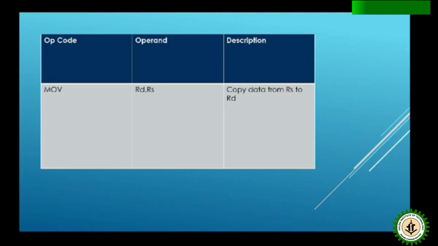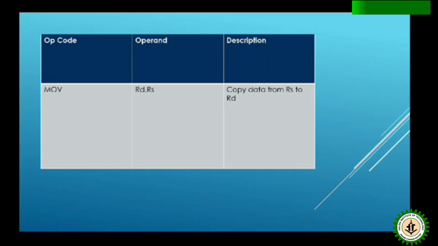That is, consider register B contains a data 07H. Why is it H? H means hex. Register B contains 07H. I want to copy that data into register C. So what will I write? MOV C, B. Here B is the source register.